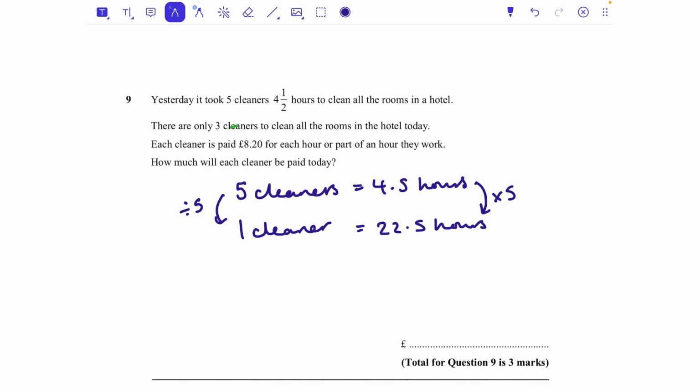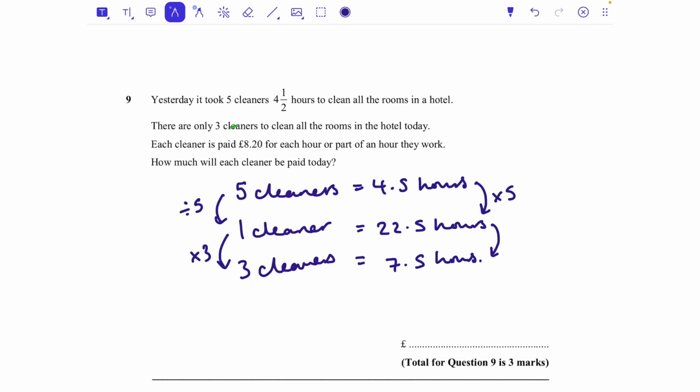Okay, so then if I've got 3 cleaners, that then takes 3 times less, because you've got 3 times as many people. So I'm going to do 22.5 divided by 3, and that is 7.5 hours. So each cleaner is paid £8.20 for each hour or part of an hour that they work.